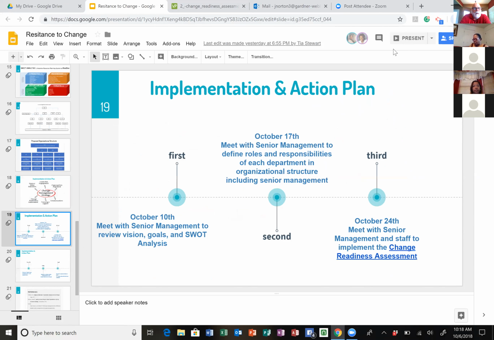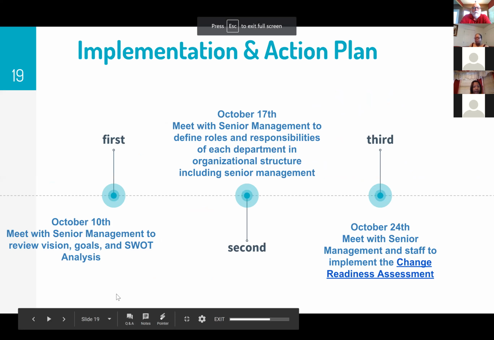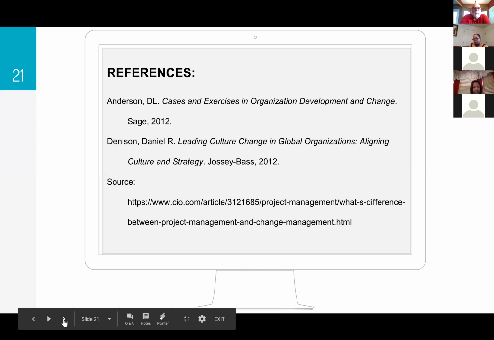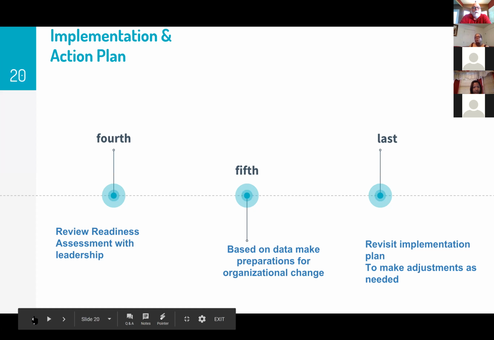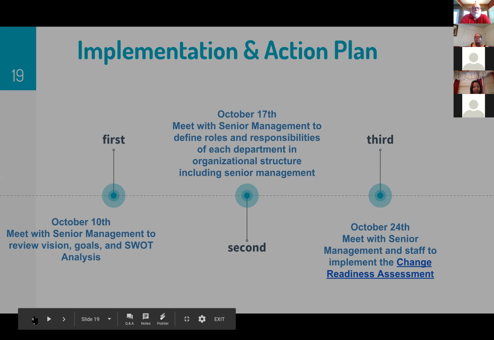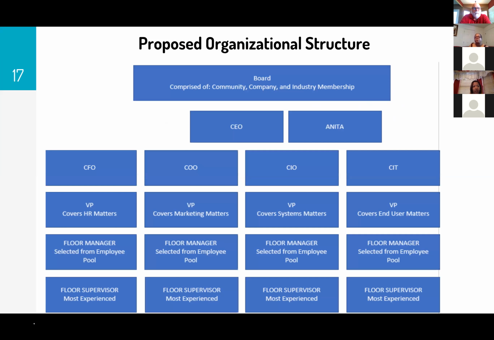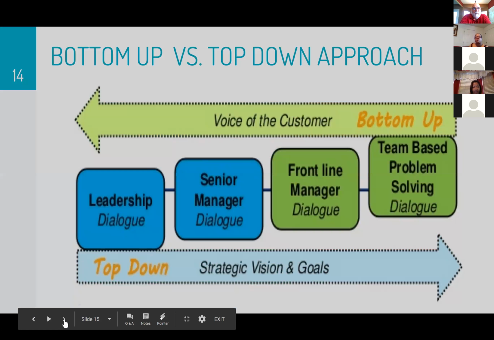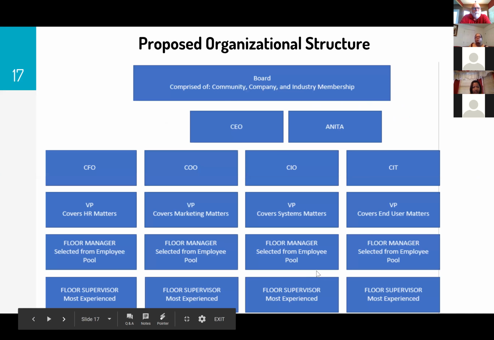There you go. The readiness assessment. Yeah, all right, go to 20. Go to 20. Go to 20. 21. No, it's on. She had to click on the link. Go to the 19, Jackie. It's the change readiness assessment. Click on the change readiness assessment. All right, y'all wait a minute. I'm sorry. Give me a minute. Let me see here. There we go.